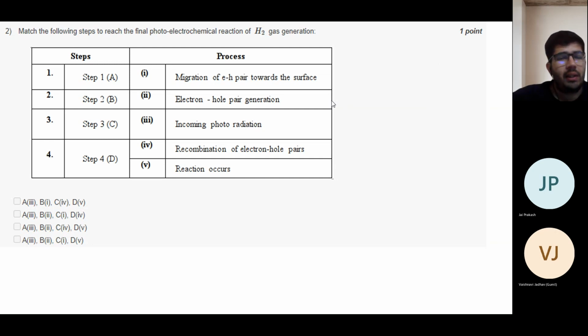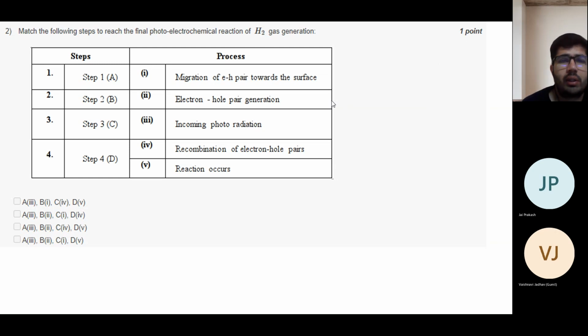When it strikes the material, if the photon energy h nu is more than the band gap value Eg, then electron-hole pair generation will happen, then migration of the electron-hole pair towards the surface, and at the surface there will be reactions.